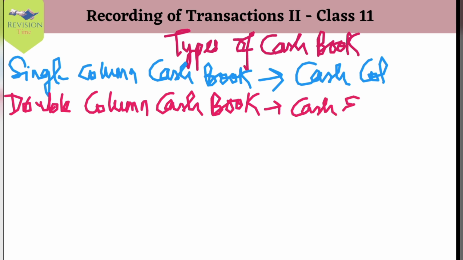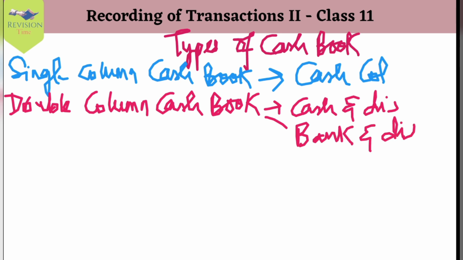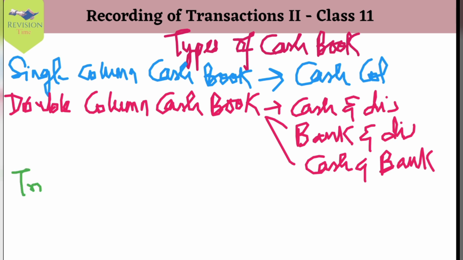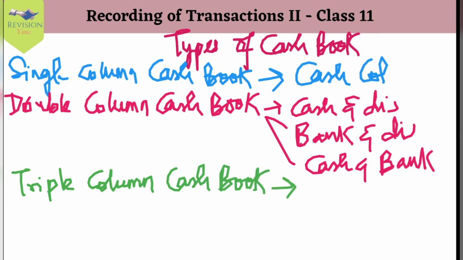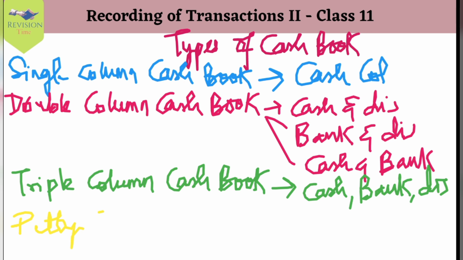One is of cash and discount. Second is of bank and discount. Third will be cash and bank columns. Next, triple column cash book. In this we have three columns, that will be cash, bank and discount. At last, it will be petty cash book.